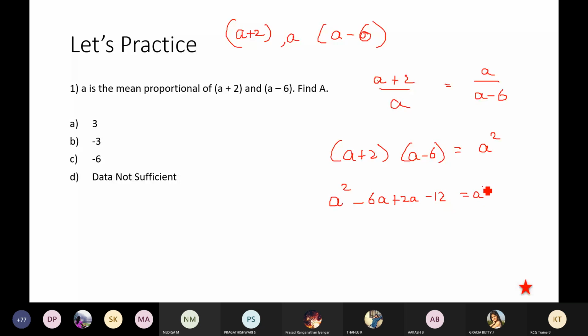This A square, if it goes to the other side, will cancel out with this one. This minus 12, if it comes to the other side, would be plus 12. So minus 6A plus 2A is minus 4A. So A is equal to 12 divided by minus 4. So my answer is minus 3. The answer is option B, minus 3.